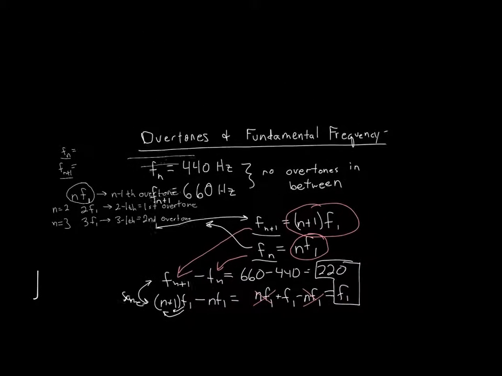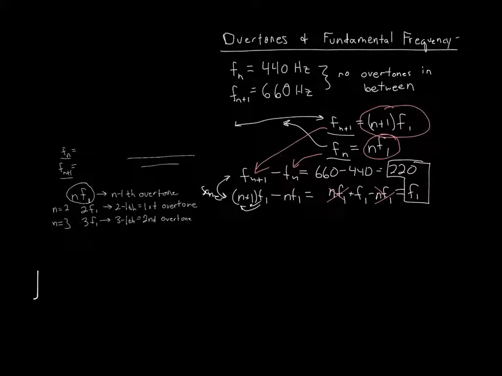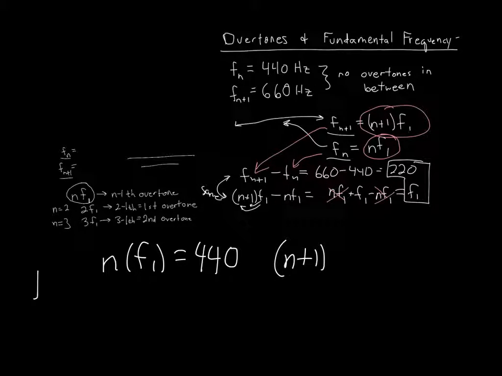And then which overtones am I actually working with? I need to figure out how I can multiply n times f sub 1 to give me 440. That was my nth overtone. And then I can do n plus 1 times f sub 1 to give me 660. So if I know f sub 1, I can plug that in.